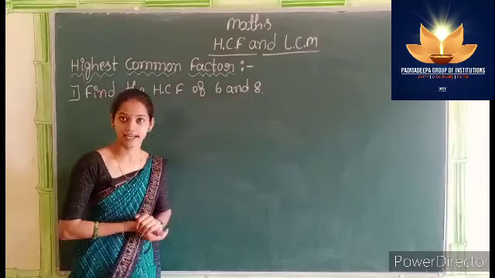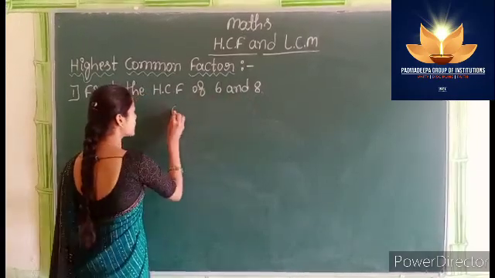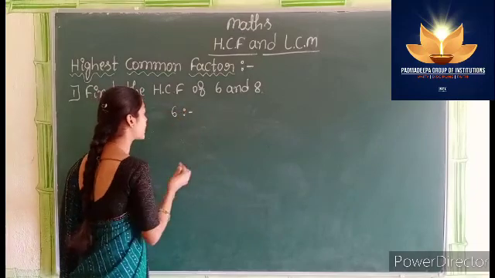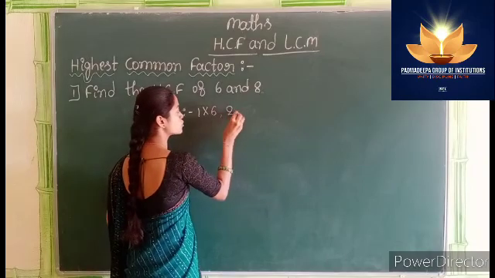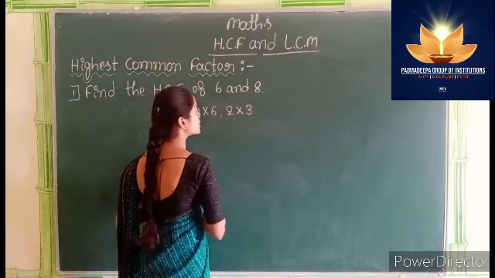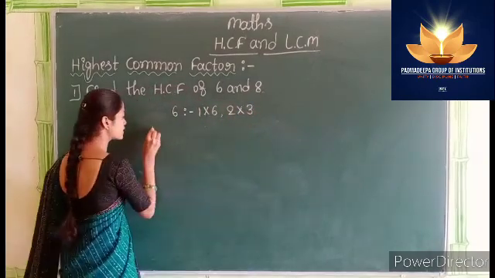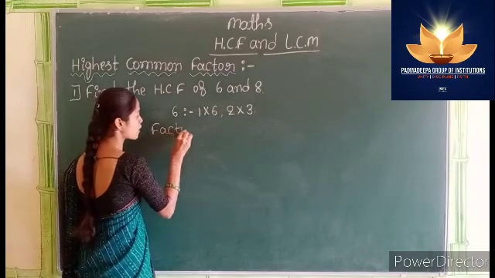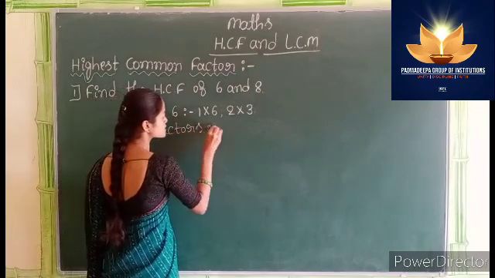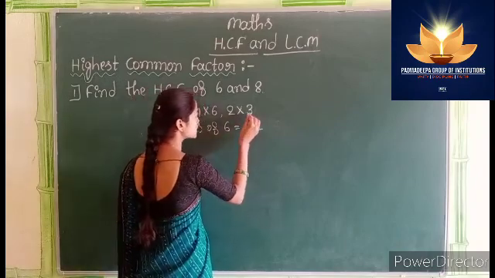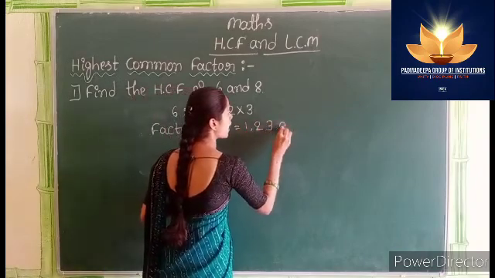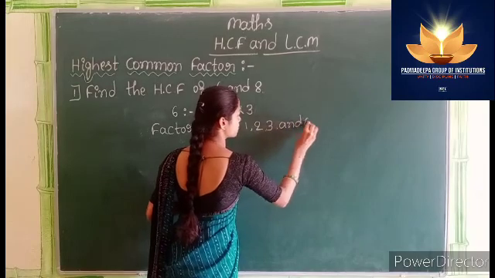6 and 8. 6 can be written as pairs of factors, that is 1 into 6, and 2 into 3. So factors of 6 are 1, 2, 3 and 6.